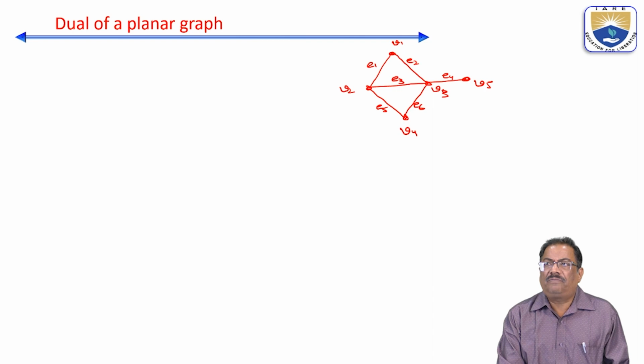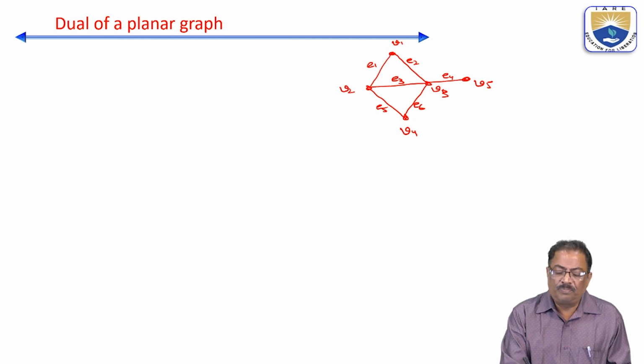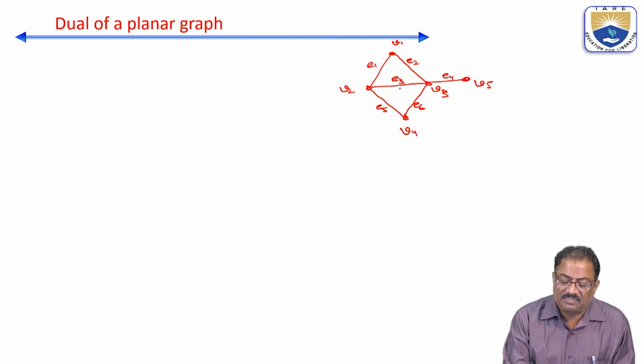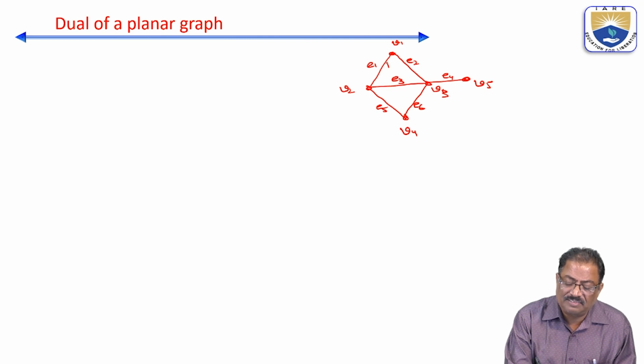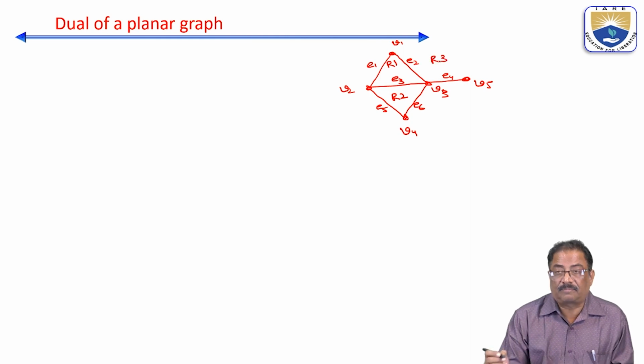This is a planar graph because no edge intersects another other than at the vertices. It gives some regions: R1 is one region, R2 is another, and R3 is another.